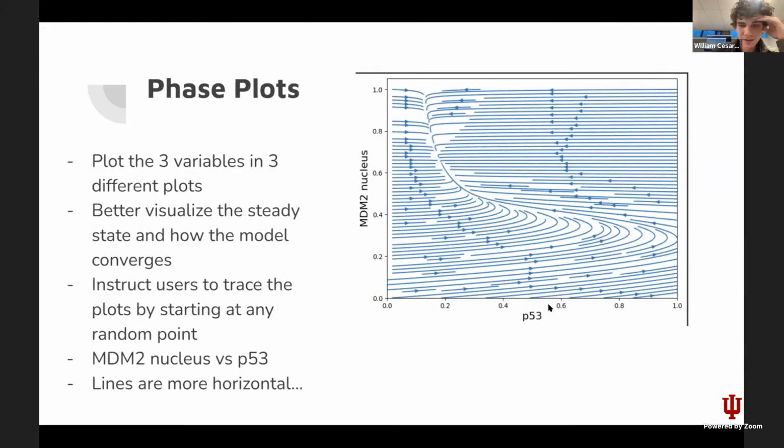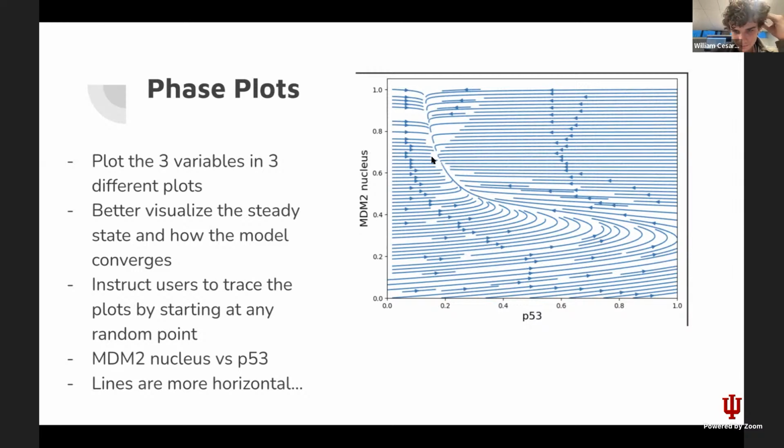So with P53 on the x-axis and MDM2 on the y-axis, we can see that all states seem to converge around this point, which is approximately their steady state.